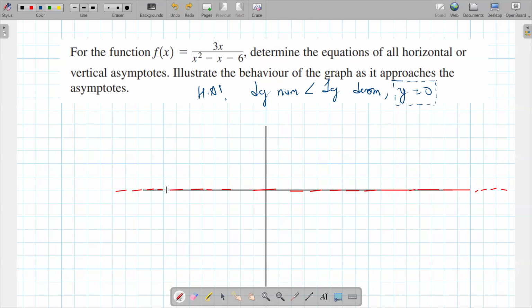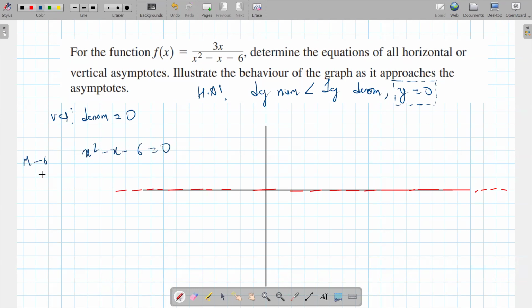What about the vertical asymptotes? How do we find the vertical asymptotes? What do we set equal to 0? For vertical asymptotes, you want to set the denominator equal to 0, okay? So x squared minus x minus 6, let's factor this.